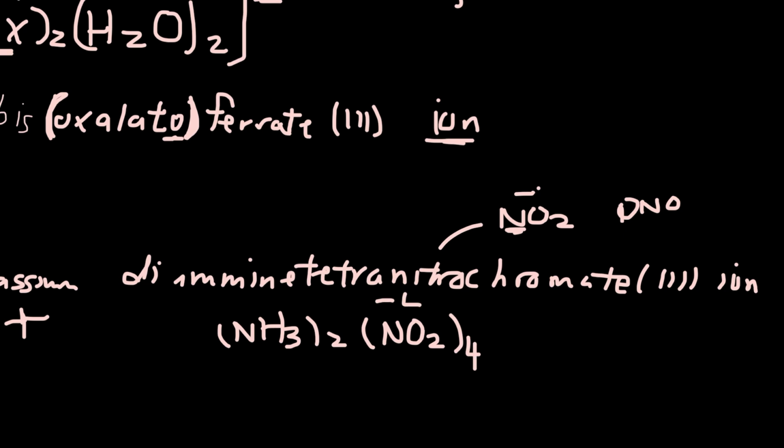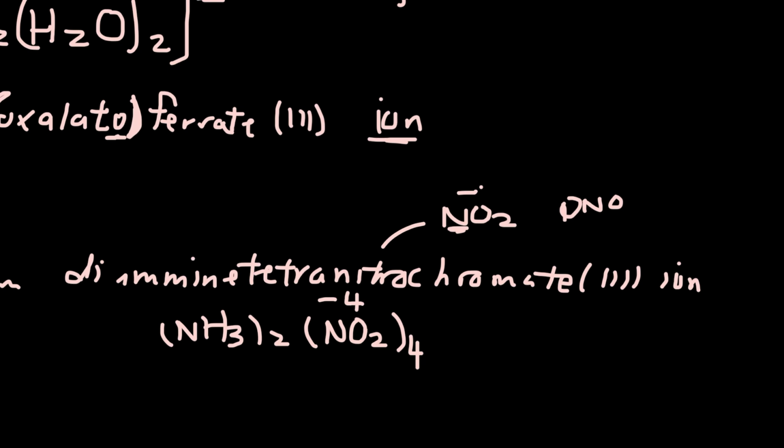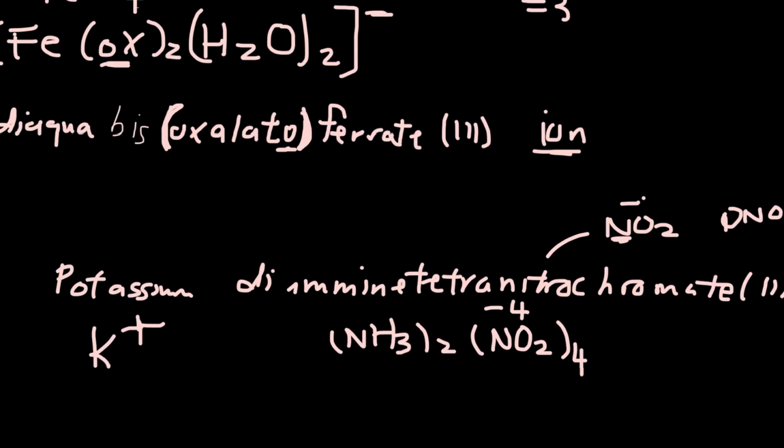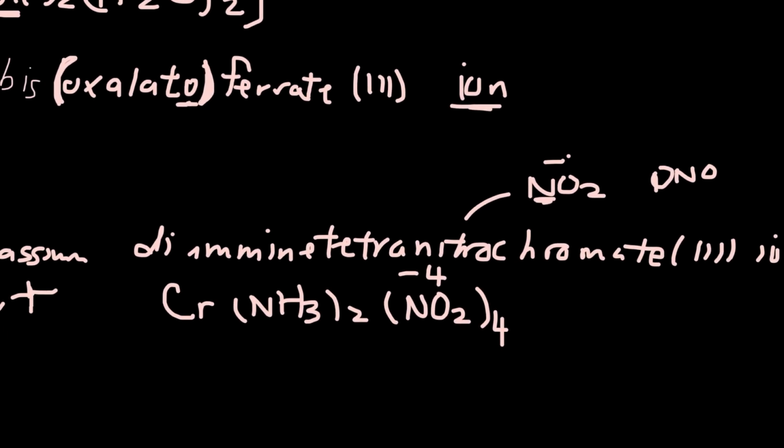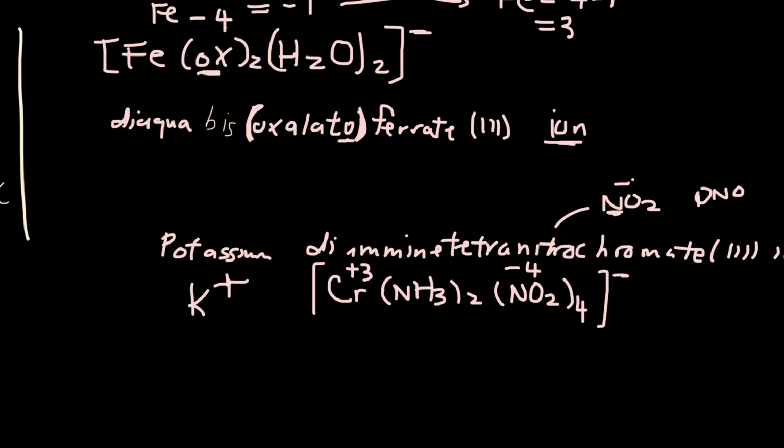So that means this all has a -4 charge. Chromate, even though the metal name is at the end, we write it at the front. And then there's a 3 charge on it. That means neutral. So +3 and -4, that's a net charge of -1. And then after writing these two charges separately, you can combine them, which makes it pretty obvious.